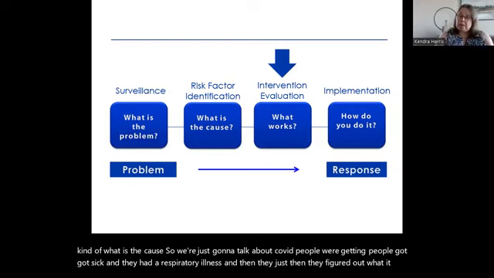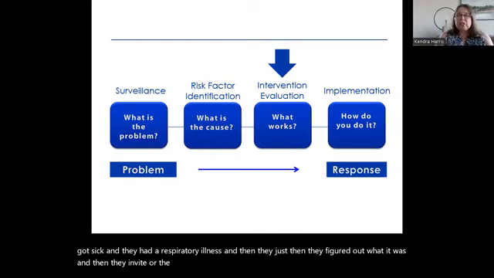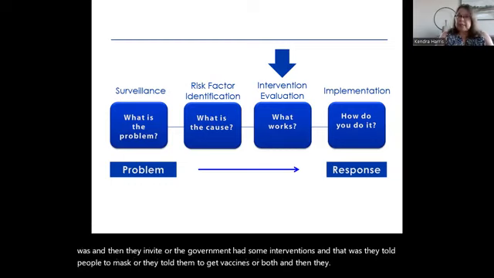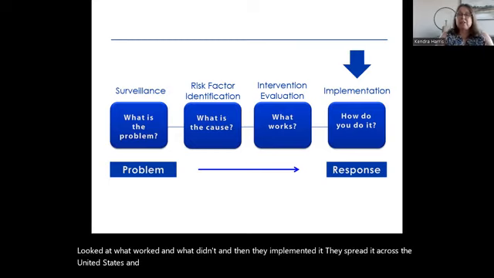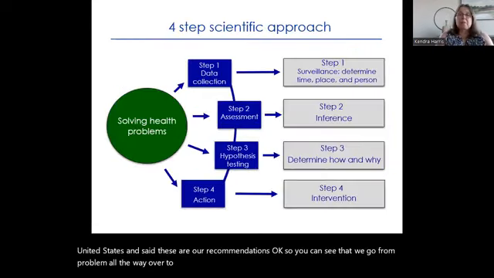And then the government had some interventions. And that was, they told people to mask, or they told them to get vaccines, or both. And then they looked at what worked and what didn't. And then they implemented it. They spread it across the United States and said, these are our recommendations. Okay, so you can see that we go from problem all the way over to response in epidemiology.